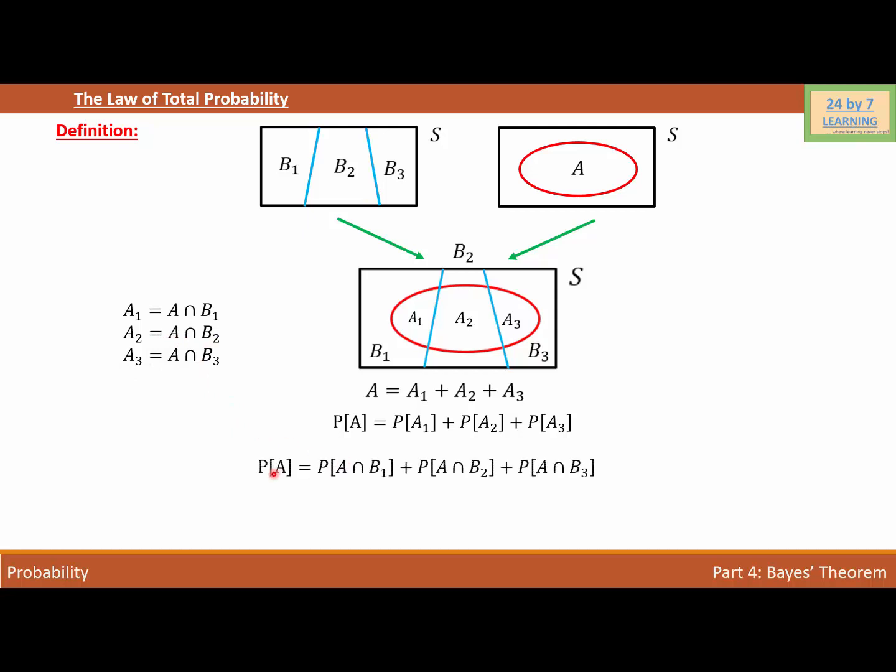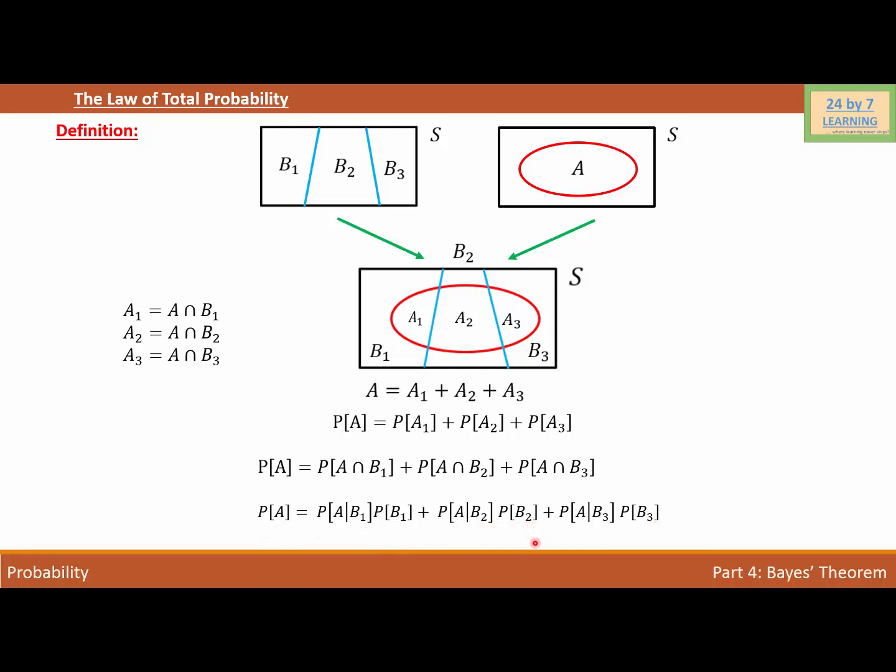If I further simplify, I can write P(A) is equal to the conditional probability of A given event B1 times probability of B1, plus conditional probability of A given B2 times probability of B2, plus conditional probability of event A given B3 times probability of B3. Basically this relation is known as the law of total probability.